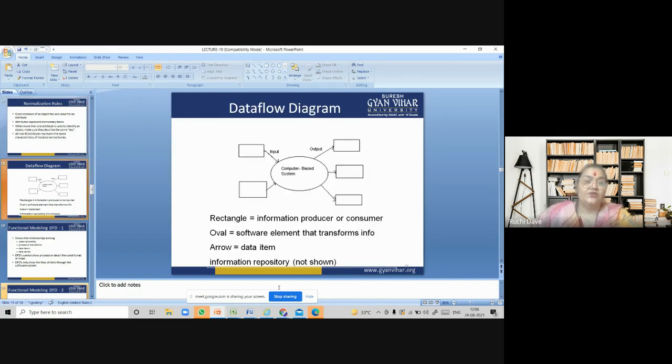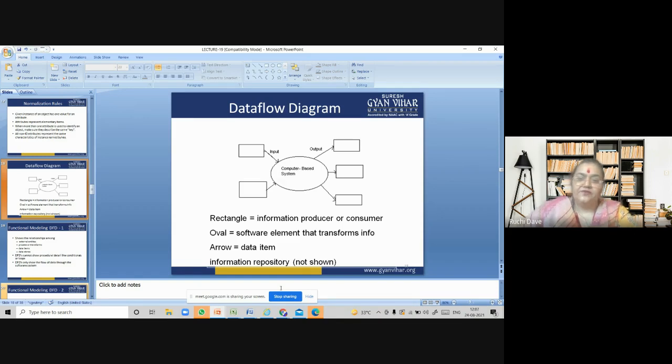Now coming to the diagram. Now as we say data flow diagram, how we represent and how we present it into the data flow diagram. So input, as you can see, we have boxes. We show output by arrow, and then we define that this is my computer-based system.